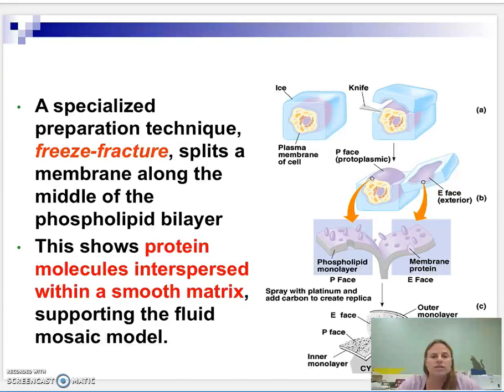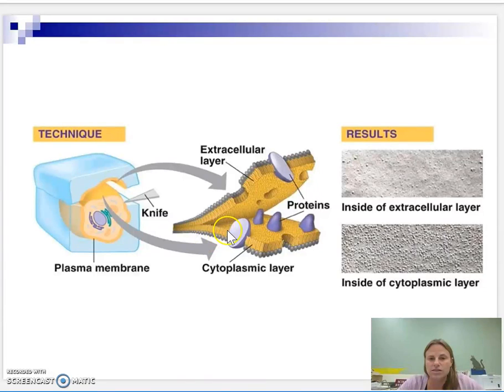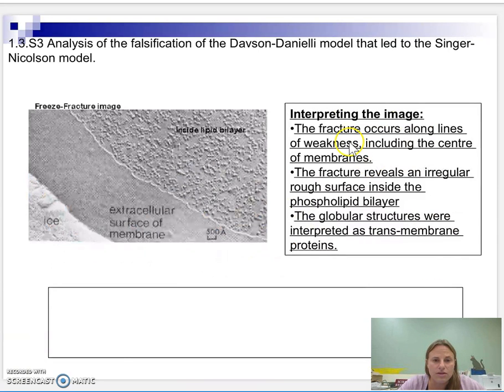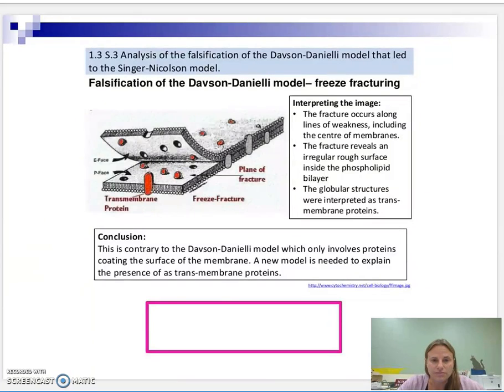So freeze fracture splits the membrane along the middle of that phospholipid bilayer, and by examining the pictures of what was seen, you could see that the inside of the cytoplasmic layer has these proteins, these bumps that we see in the picture. Again, here's another picture showing the inside versus the extracellular surface of the membrane, where inside there are many bumps, which we infer to be those proteins.